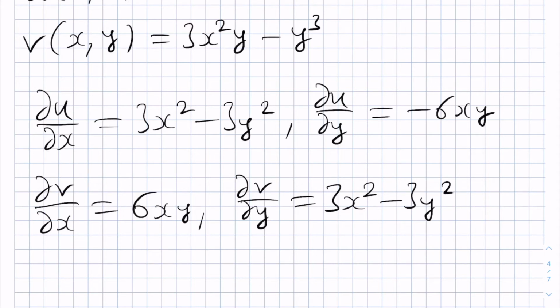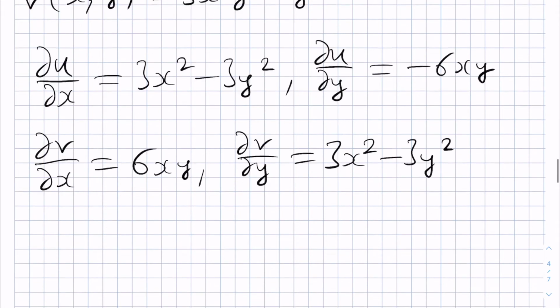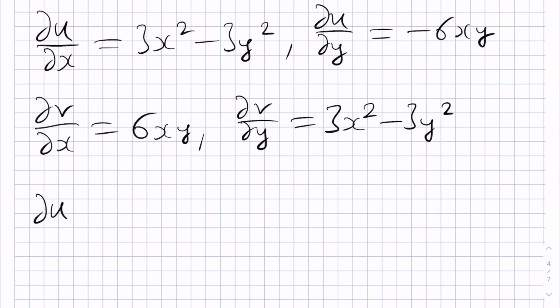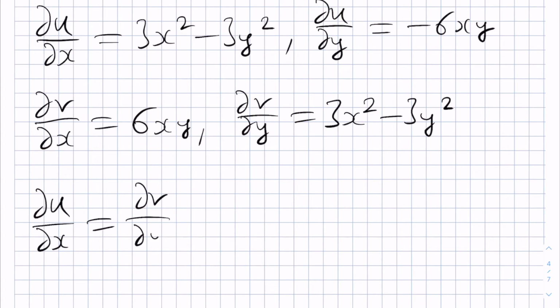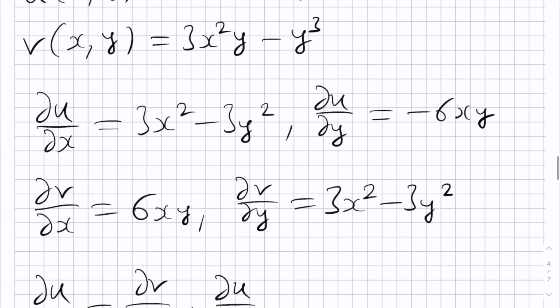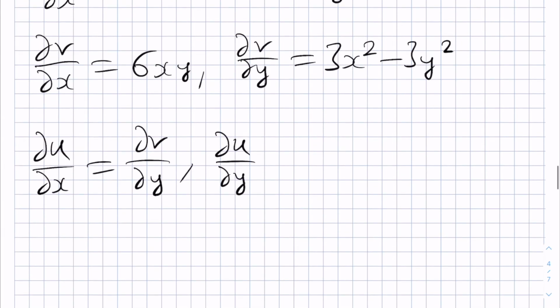So indeed, these two things are equal, and these two things are equal up to a minus sign. So we have du/dx as being equal to dv/dy, and du/dy is equal to this but with a minus sign, so equals minus dv/dx. As a result, for this function, the Cauchy-Riemann equations are satisfied.